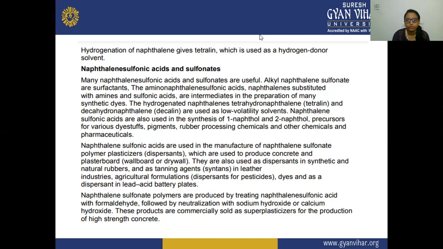Naphthalene sulfonic acids and sulfonates: many of them are useful. Alkyl naphthalene sulfonates are surfactants. These alkyl naphthalene sulfonates act as surfactants, meaning surface active agents. Amino naphthalene sulfonic acid, naphthalene substituted with amine and sulfonic acid, are intermediates in the preparation of many synthetic dyes.